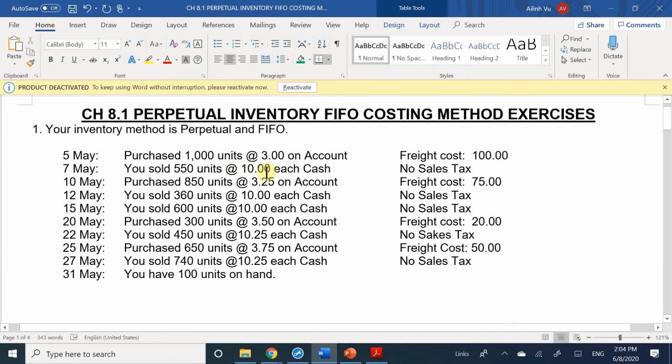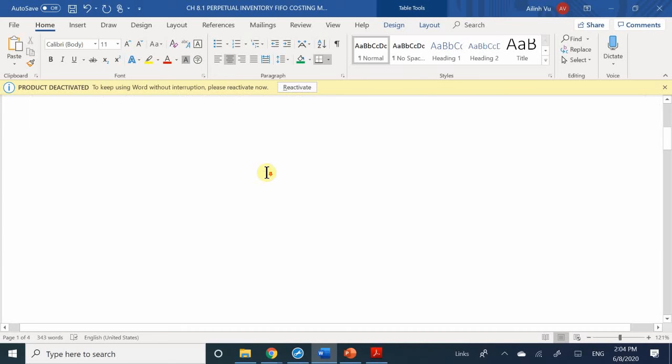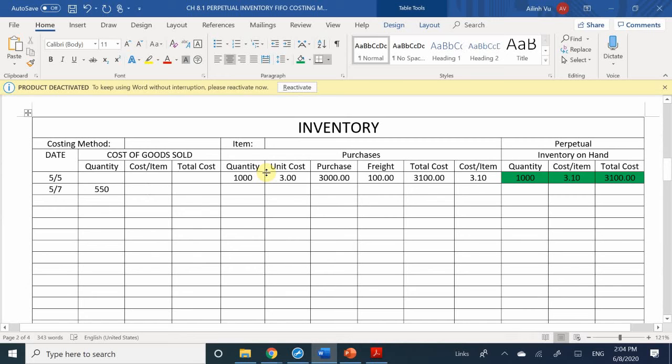When we're dealing with cost of goods sold, are we including our profit as well? What number are we going to multiply? Multiply the cost of the goods. Exactly, $3.10.